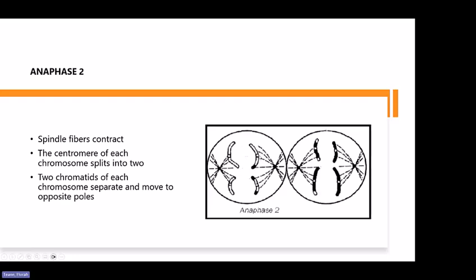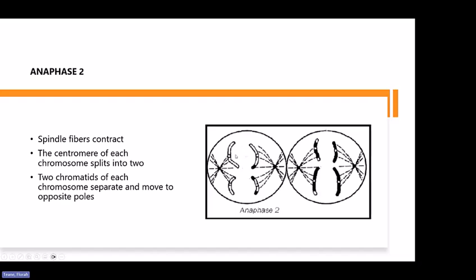Bear in mind that the two chromatids that form a chromosome are attached at a point known as the centromere. So this part is called the centromere.